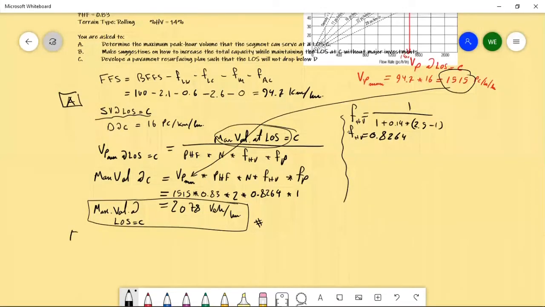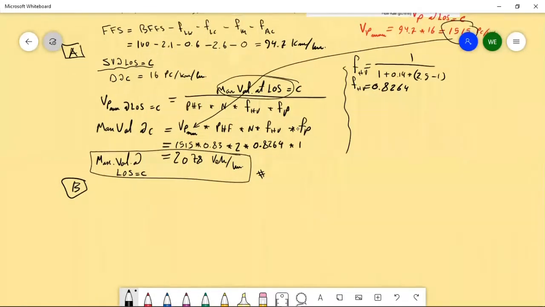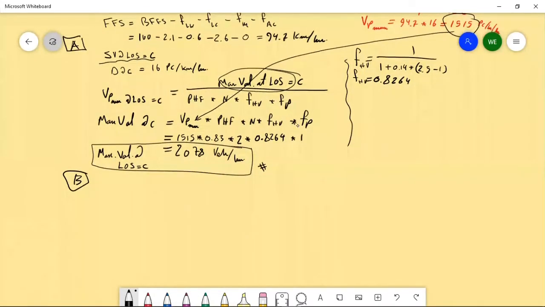Let's go on to part B. What are the strategies that we can use to improve the maximum volume? First of all, remember that we had total lateral clearance of 3, and there is 1 lane here, 1 lane, and there was no median.